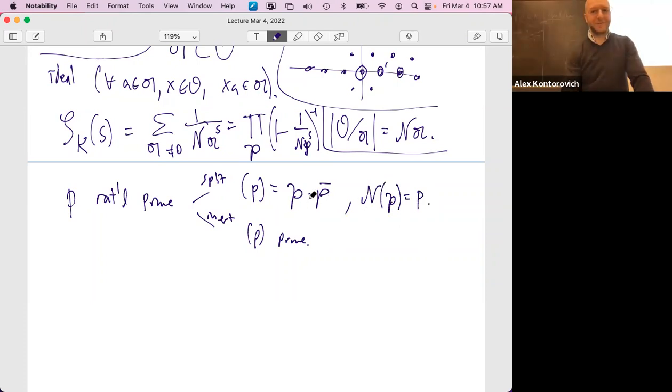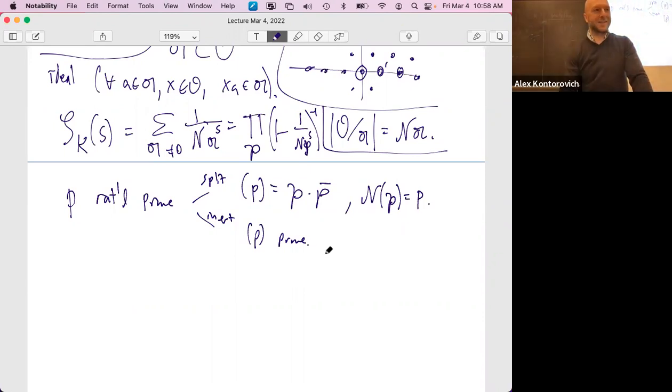And there's 2 of them. What are you confused by? You're taking p to be the ideal generated by the element, this principal ideal generated by the rational p.